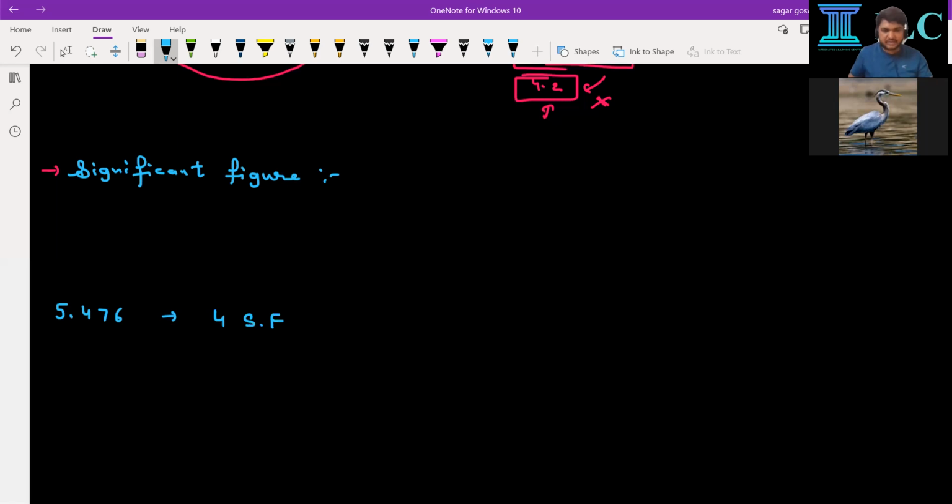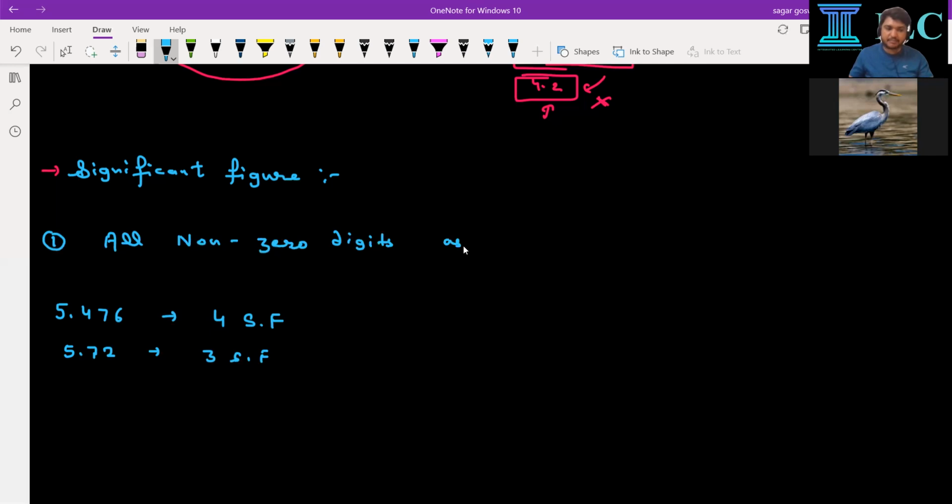So, for our easiness, like 5.72, if I'm saying, just tell me how many significant figures. Three. So can we say that the first rule is that all non-zero digits are significant?